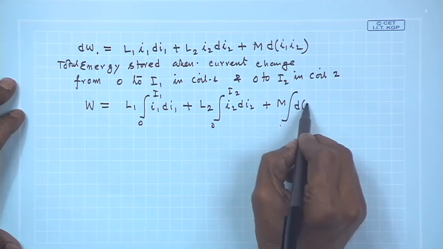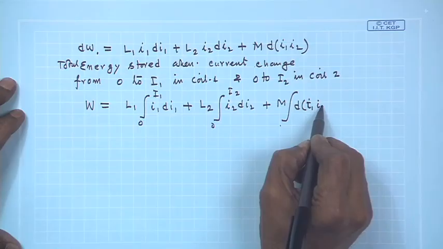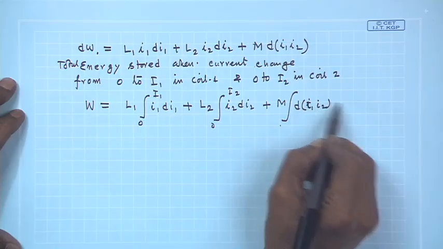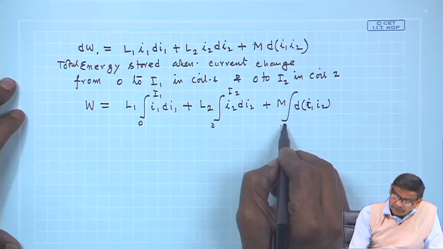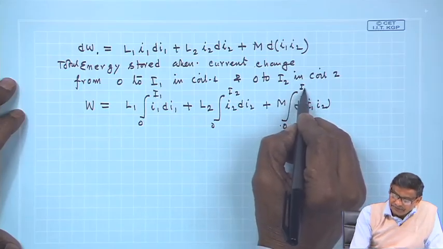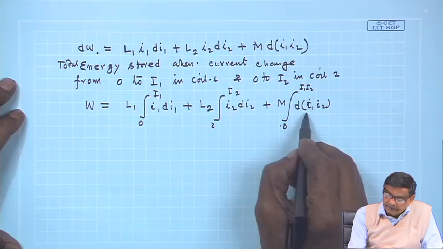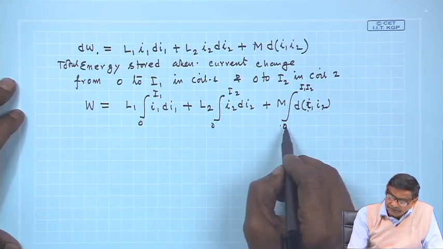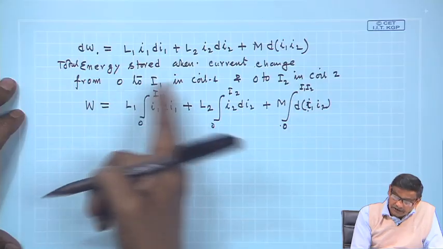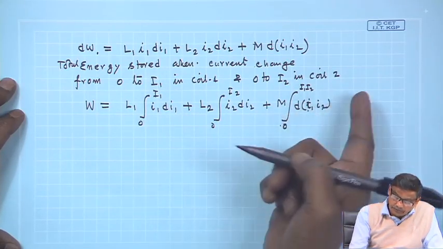d of I1 I2. And what should be the limits? Limit should be 0 to I1 I2, because this is the differential thing. If it is dx, limit of x. So, I1 I2 was 0 initially, then finally, it has reached I1 I2. So, product.